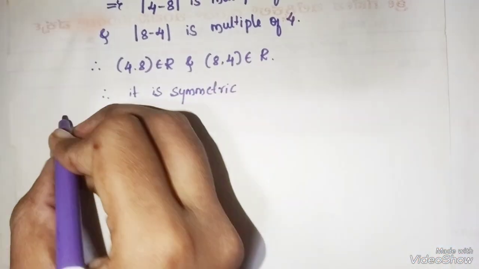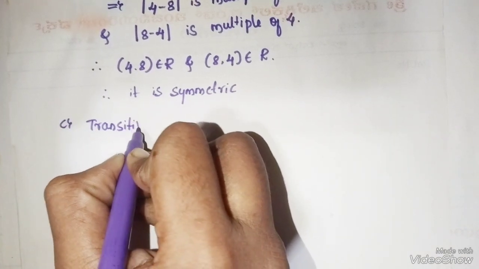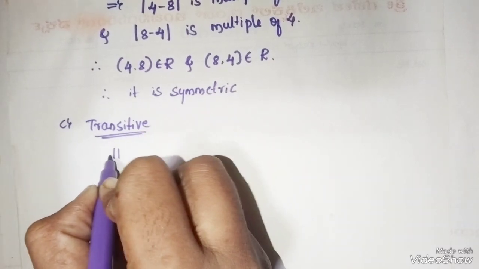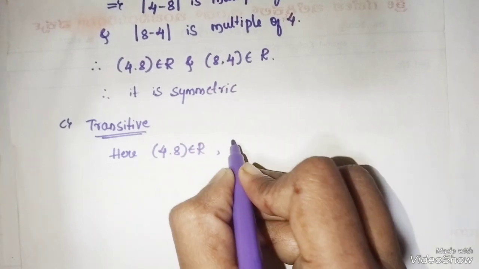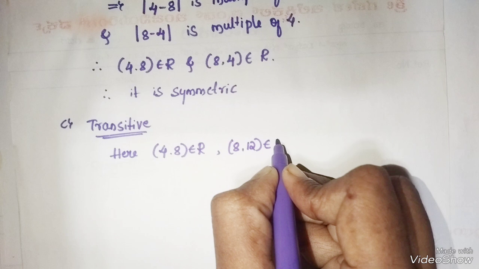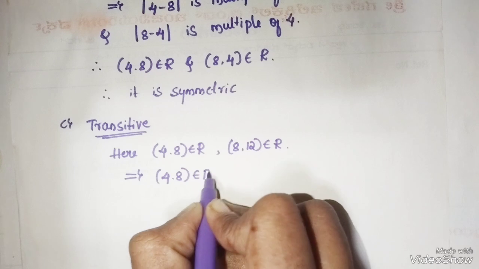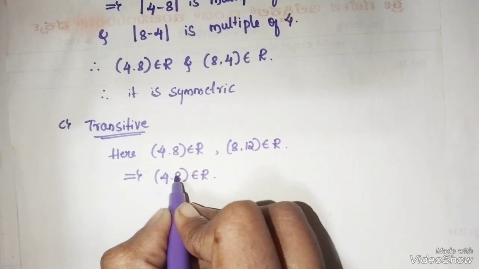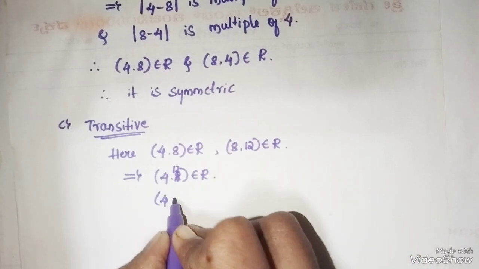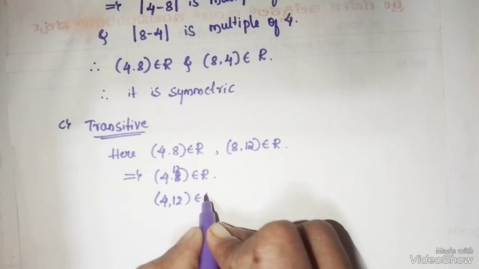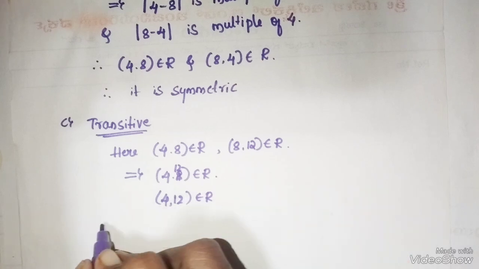Again, for checking the transitive condition, here consider 3 elements. (4, 8) belongs to R and (8, 12) belongs to R. That implies (4, 12) belongs to R, because the difference 4 minus 12 will be a multiple of 4.